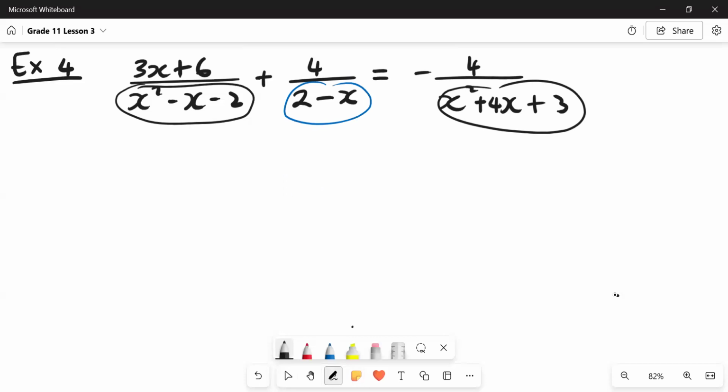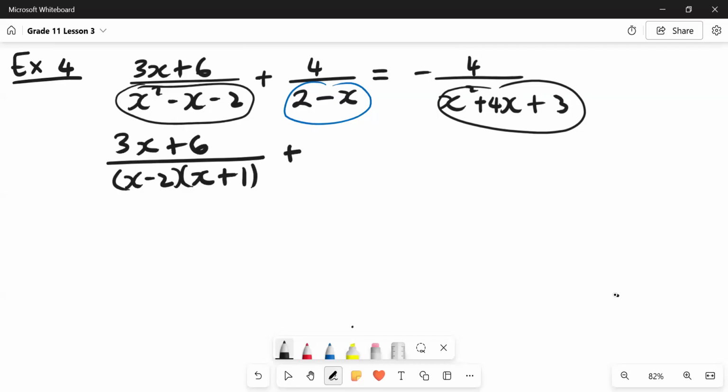So we have your 3x plus 6 over x minus 2 and x plus 1, plus your 4. Actually, let me do this without wasting time, because I see that we have minus x minus 2.